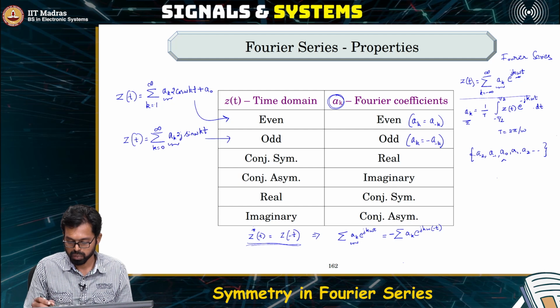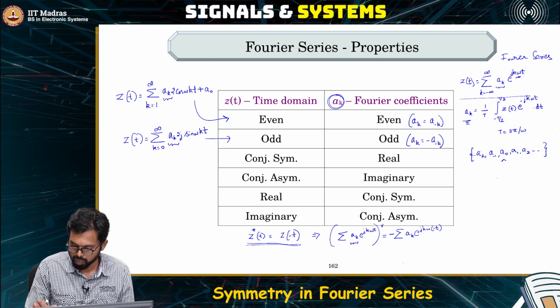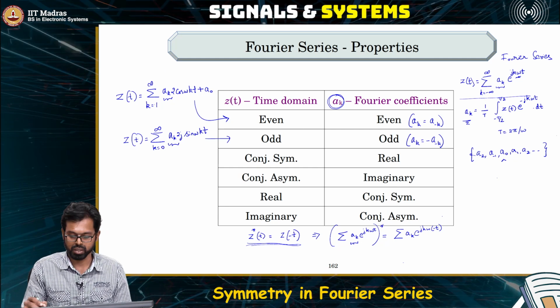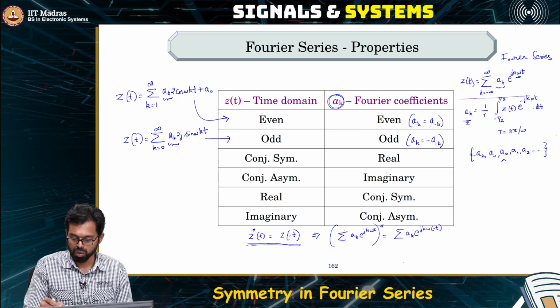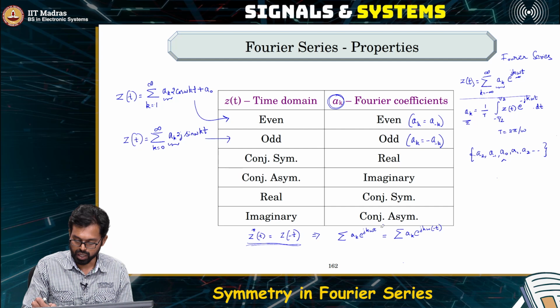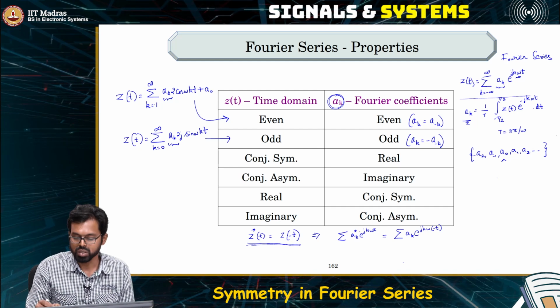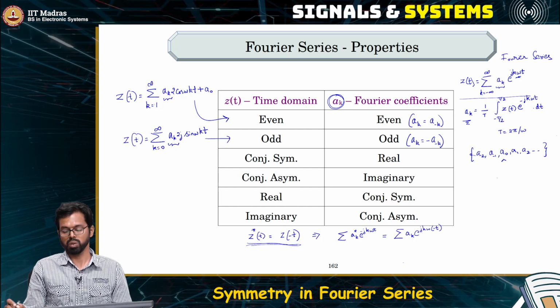So what does this imply? If you take the star here, then that is as good as just flipping the sign here. So if you take the conjugate on this side, we can bring that inside. If you bring that inside, then you have a k conjugate. Conjugating the phasor is equivalent to just changing its frequency sign, and that's what we get here.